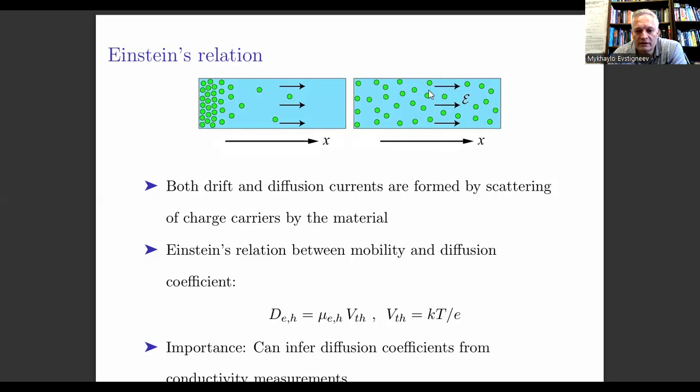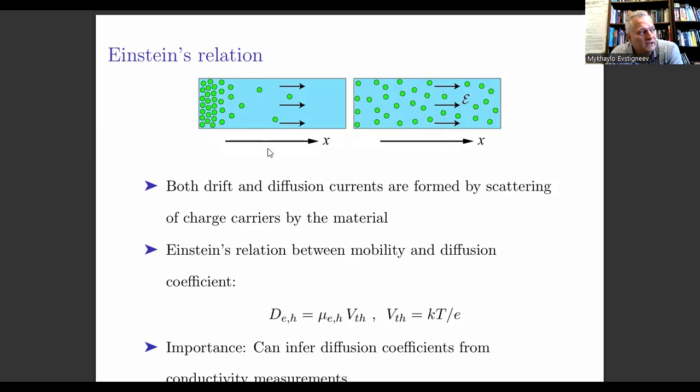They move at a fixed average velocity known as the drift velocity. And drift velocity is the product of charge carrier mobility, mu, times the electric field. The drift transport is directed along the electric field for positive holes and against the electric field for negative electrons. And then you have another phenomenon, diffusion, which I have just described.